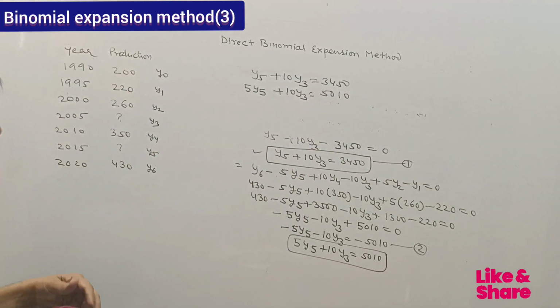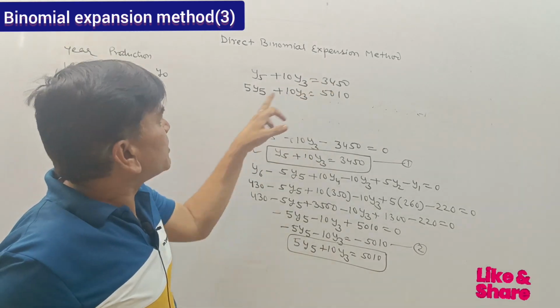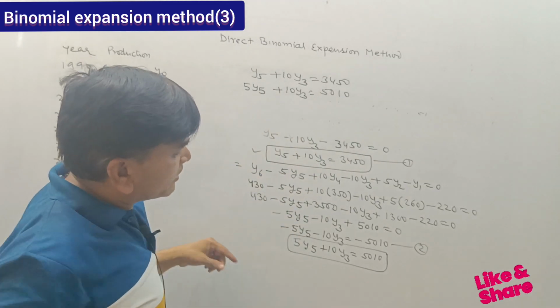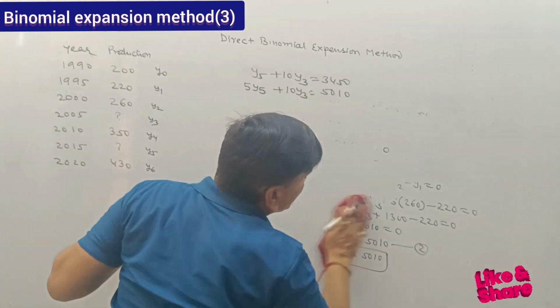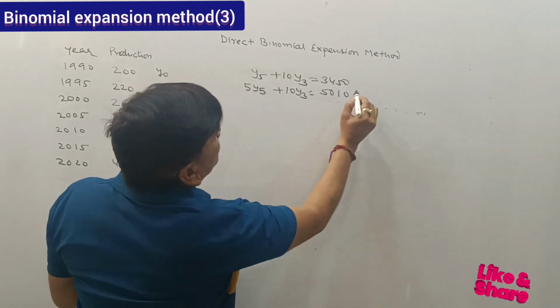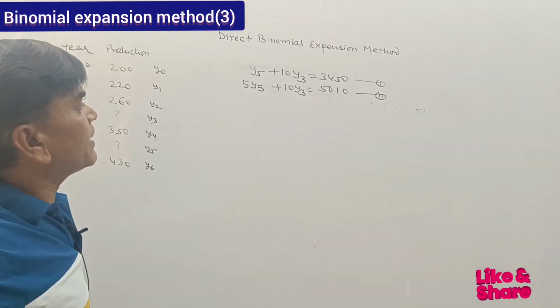So we are having two equations. First equation y5 plus 10y3 is equal to 3450, second equation 5y5 plus 10y3 is equal to 5010. Now we will compare the first and second equation to get the values of y5 and y3.